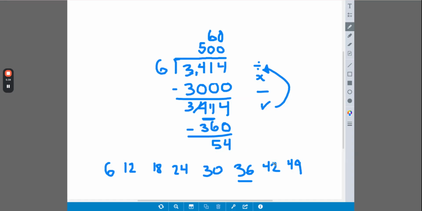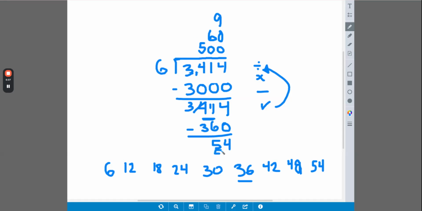Oops, I made an error. 48, there we go. That's the 8th fact. 6 times 8 is 48, and the next one is 54. Oh, bingo. That one's exactly the fact I need. So I'm going to be able to divide the entire dividend up if I put 9 in 6 groups.